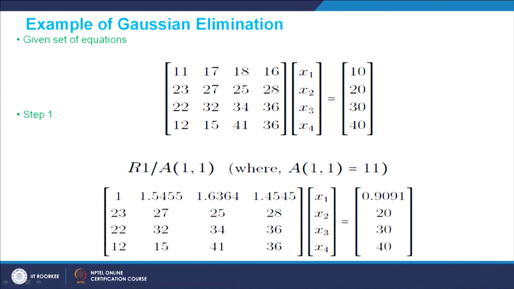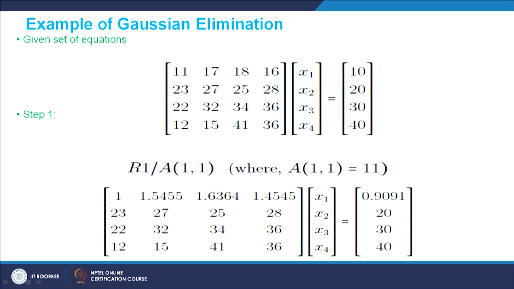So, again we have taken one 4 cross 4 matrix, and there are 4 unknowns and these are known: B1, B2, B3, B4. In step 1, this is R1, this is R2, this is R3, this is R4.